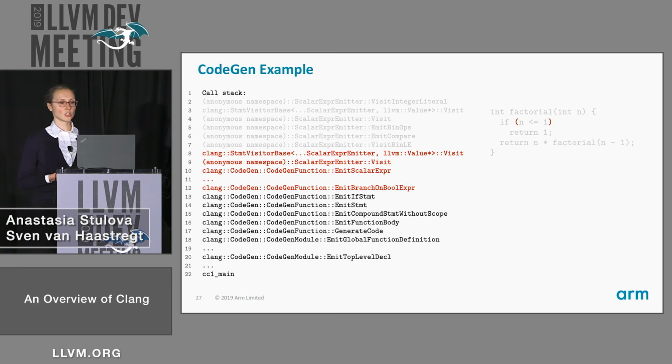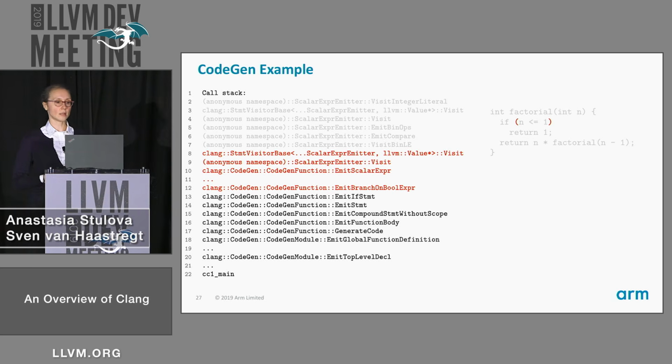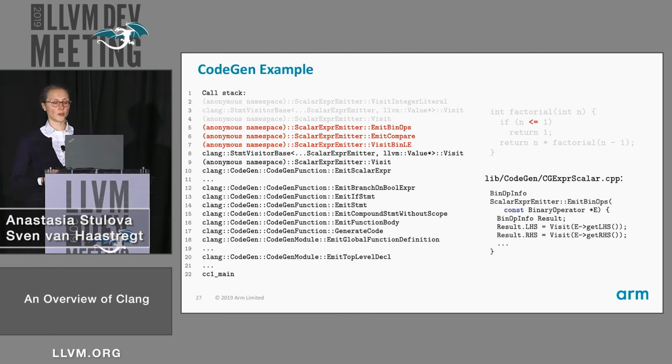The visitor is actually derived from Clang's StmtVisitor that I introduced earlier. The first concrete visit method will be visiting the binary operator, less-or-equal in this case. And that's how it looks. Inside, there are a couple more functions that we invoke, but we will come to EmitBinaryOperator.